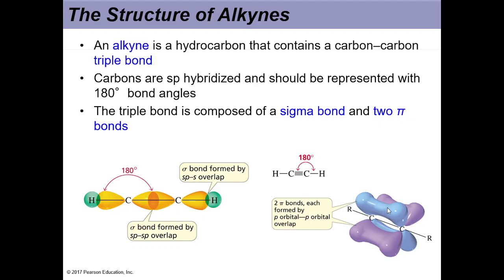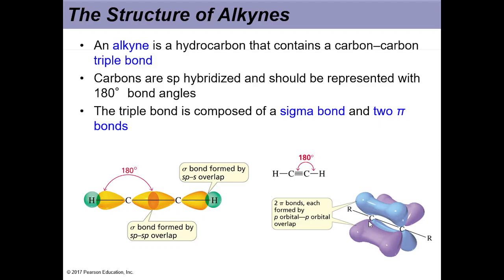So you would have this kind of overlap between two dumbbell shaped p orbitals as the second pi bond and the third pi bond. Because they are both bonds, they're going to space out as much as they can, forming 90 degrees between these two pi bonds. So you would have two perpendicular pi bonds.